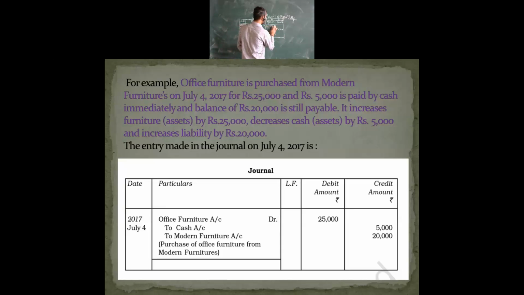You got it at 25,000. Then in that you have taken cash account. From cash, how much have you taken? 5,000. And the remaining will be the Modern Furniture account. In the Modern Furniture account, 20,000. This is your liability. What is your liability over here?